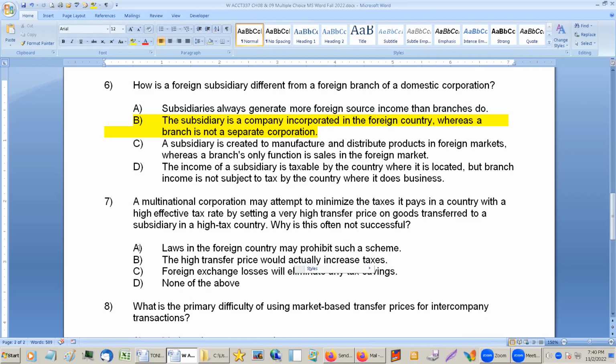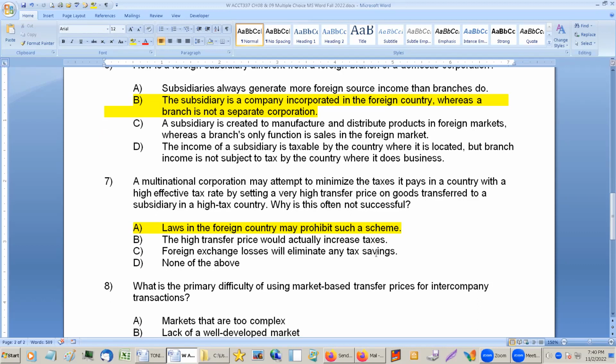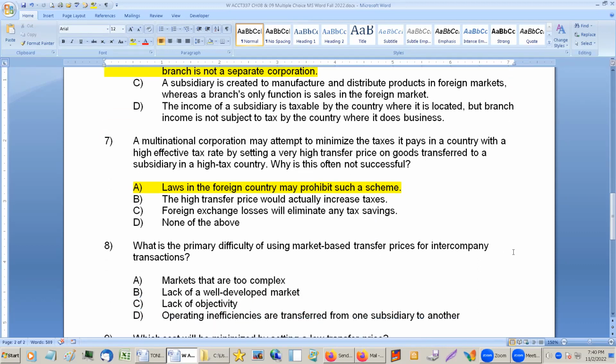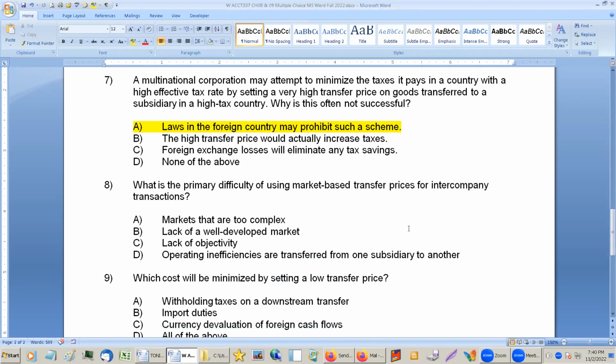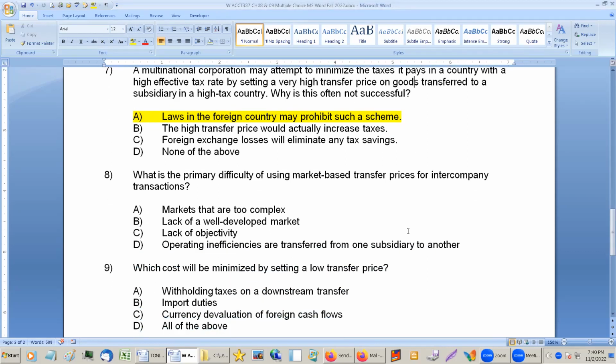Yeah. Okay, good. Laws in a foreign country may prohibit such a scheme. Yeah, governments aren't stupid. Every time someone thinks they're doing something smart to get around paying taxes, more often than not it just triggers something else, either tariffs or duties or excise taxes or something.